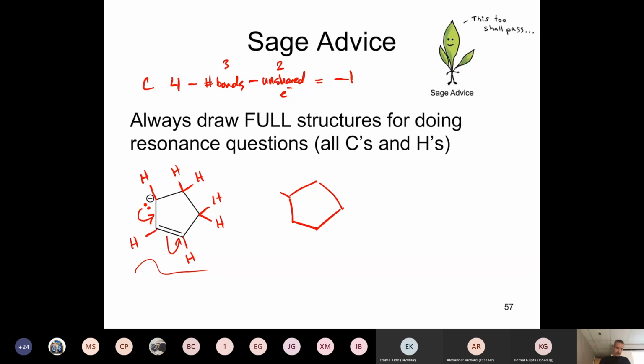And we can draw in again all of our hydrogens that we had to begin with, because remember, we cannot move atoms when we do resonance structures. Now what we would have is a double bond between those two, and the pair of electrons we moved over onto this carbon. And you have this structure that you see right here.